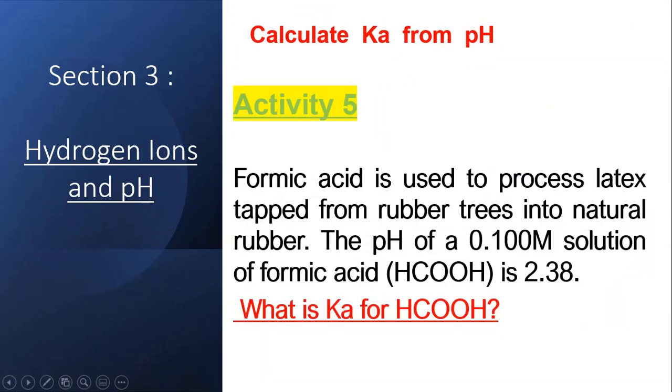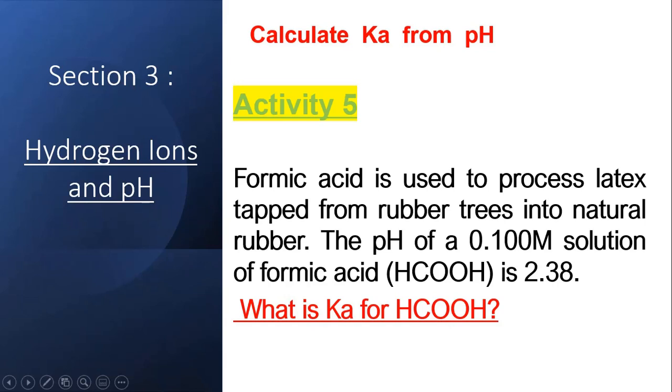The last question is about the Ka, Kb, and the pH values. Here you are going to use the Ka or Kb or the pH. We will have a relationship now between the pH value and the Ka. We will see Activity 5.